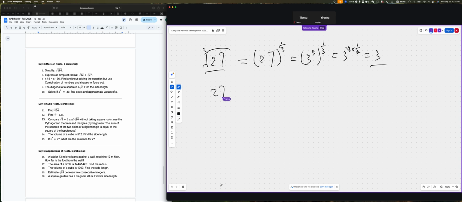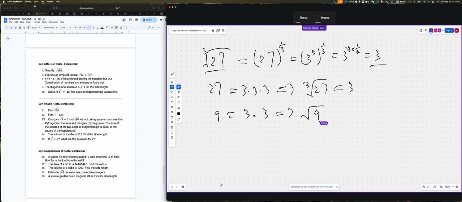Basically we need to factorize this number into 3 same numbers: 27 equal 3 times 3 times 3, and then the cubic root of 27 equal to 3. Same thing, 9 equal to 3 times 3, then the square root of 9 equal to 3. So that's the example to explain the square, cubic, square root and cubic root.